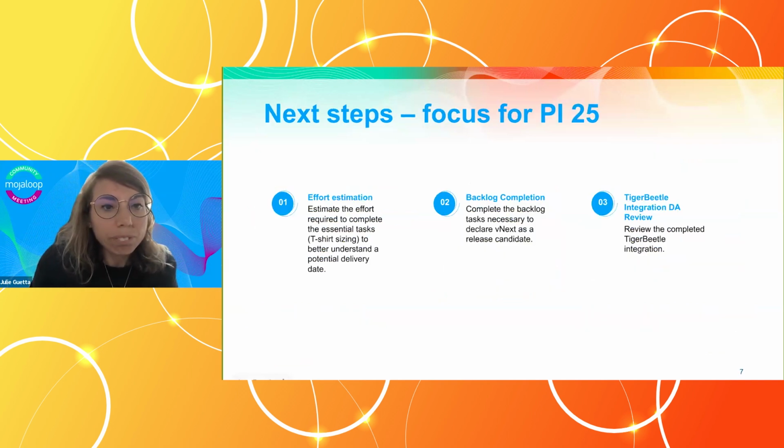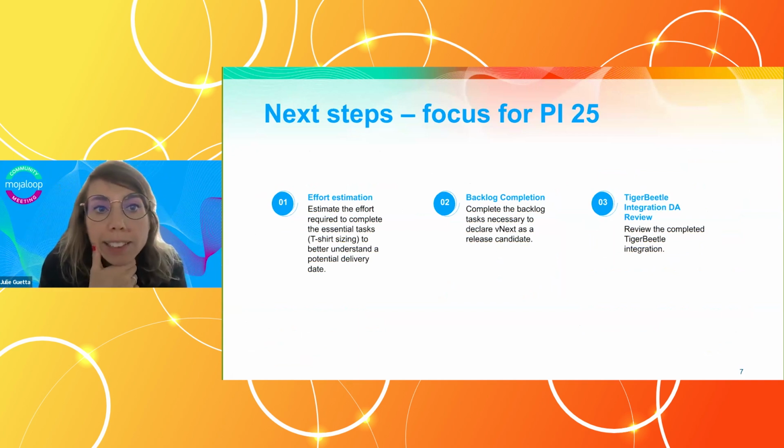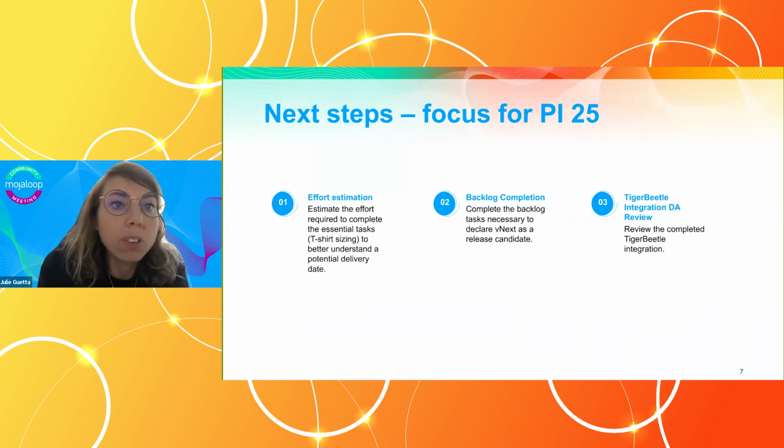Thank you. So beyond the focus on the backlog tasks, there are also a few things that we need to do. One is we need to estimate, now that we understand the scope of the work required to declare vNext as a release candidate, how long it would take to complete this task.